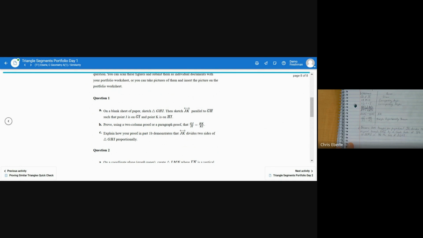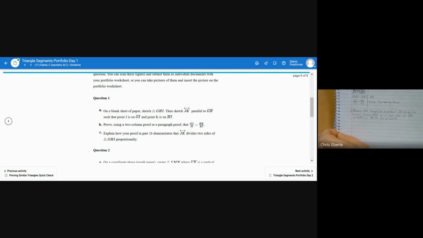Part C says explain how your proof in part 1B demonstrates that JK divides 2 sides of GHI proportionally. And then I just gave a short description here.